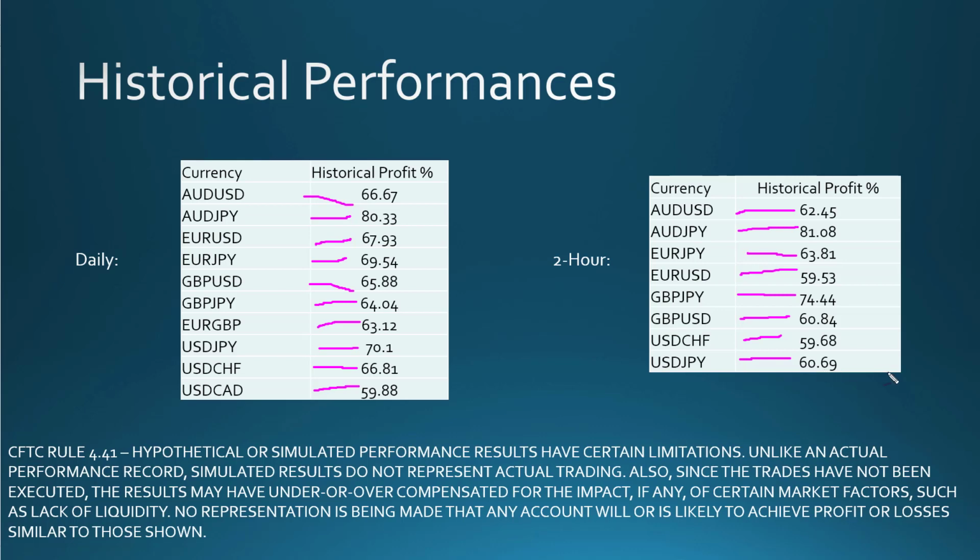Now, I really want you to pay attention to the lowest ones, which, if we averaged them up, would be right at 60%. So this is historically from 2011 until now. Historically, this is what the strategy has produced.